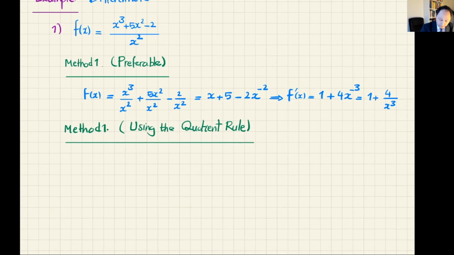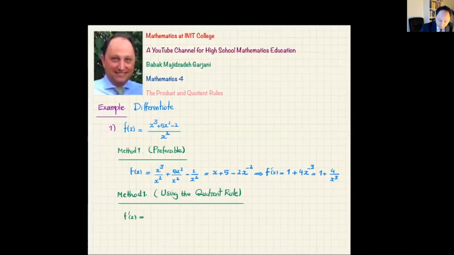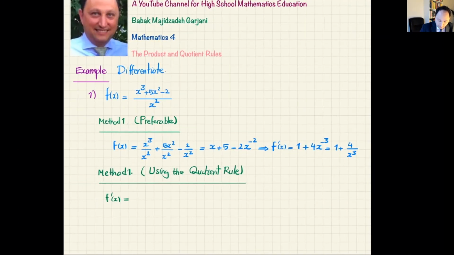Okay, so here, if I want to do it, what should I do? I would say that f prime of x is equal to, let me write everything. Let me show the formula. Oh, I don't have the formula here. So let me write the formula quickly here. So if I have f over g prime, then it becomes f prime g minus f g prime divided by g squared.